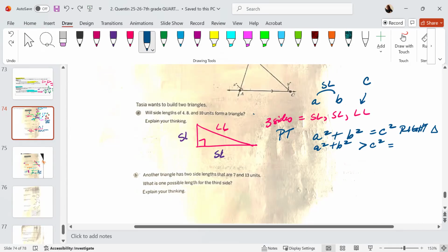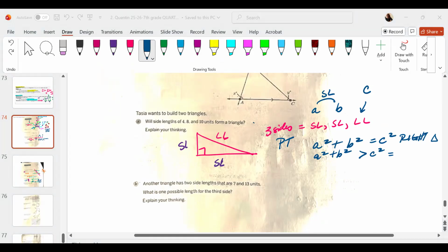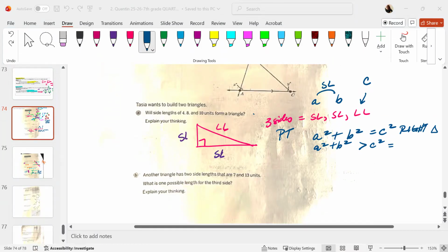I think it's A squared plus B squared is greater than. Okay, here we go.